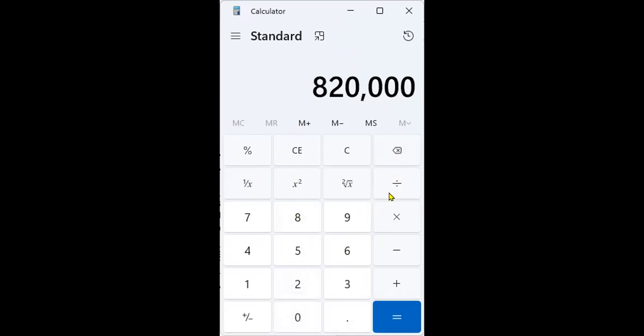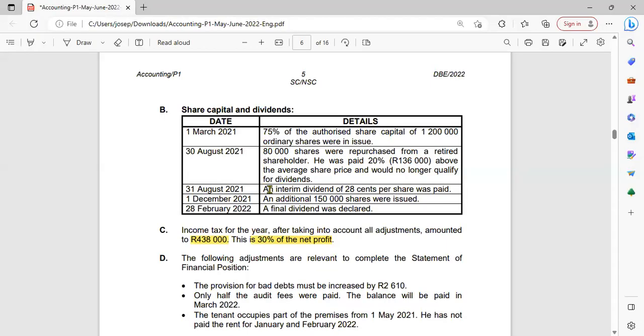So we are going to say 820,000 multiplied by 0,28, not 20. Then that gives us 229,600, meaning 229,600 is the amount that we're going to pay for these shares for interim dividends.